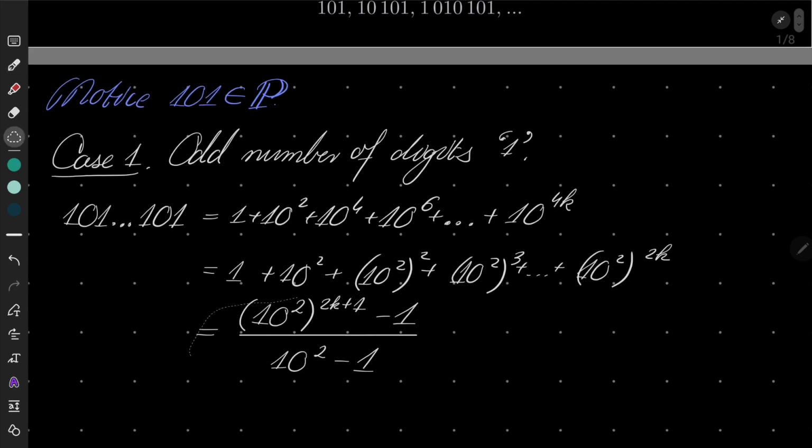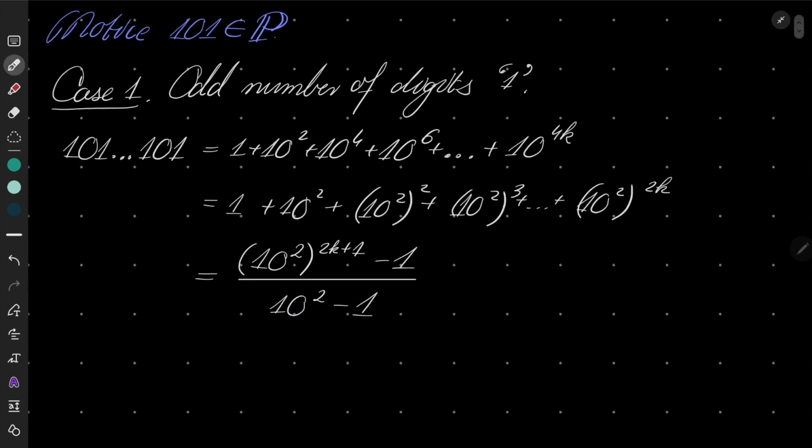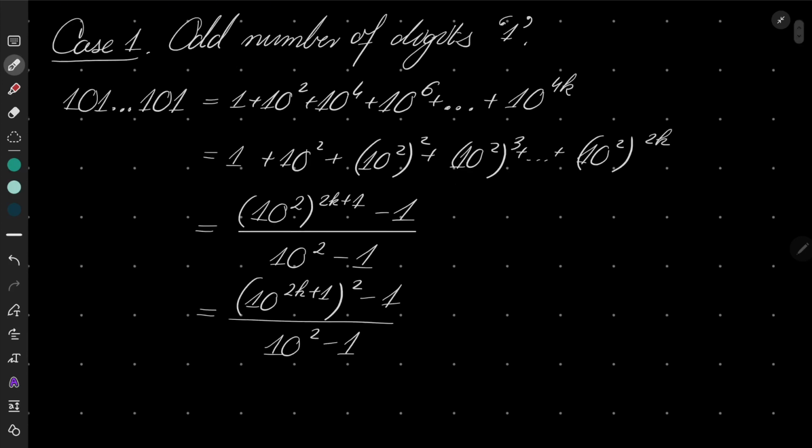Okay, very nice. And now, what can I do? Now I will do the following trick. I will write it as 10 to the power 2k plus 1 squared minus 1 over 10 to the power of 2 minus 1.